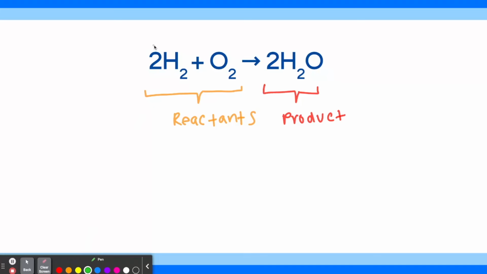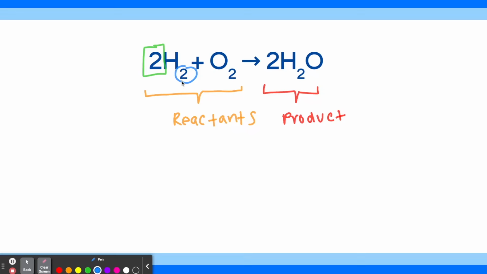This number here, an example, this 2 in 2H2, is a coefficient. So this is a number before a chemical formula. So the chemical formula here is H2, and the coefficient shows how many of its molecules are present. So 2H2 says that there are 2 H2 molecules. And then this little number, we're going to go with H2 again, is known as a subscript.